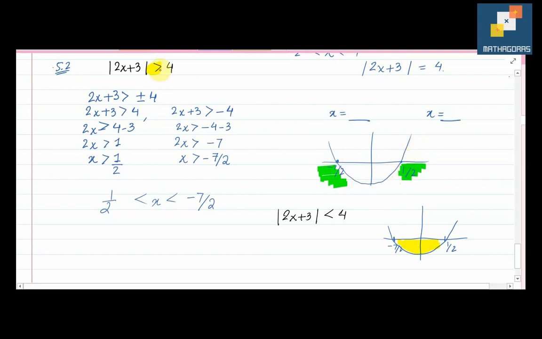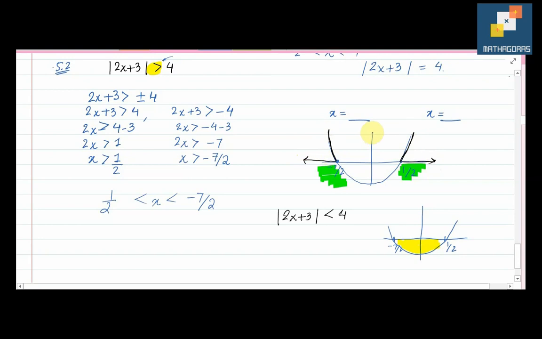Since we have a solution in which the sign is greater than, we need to target these values, which I am going to highlight with the black pen. These values. Why these values? Because we need to find the values of this curve.